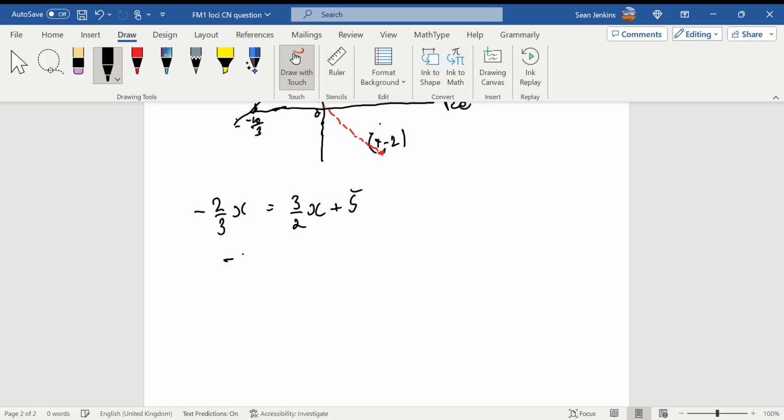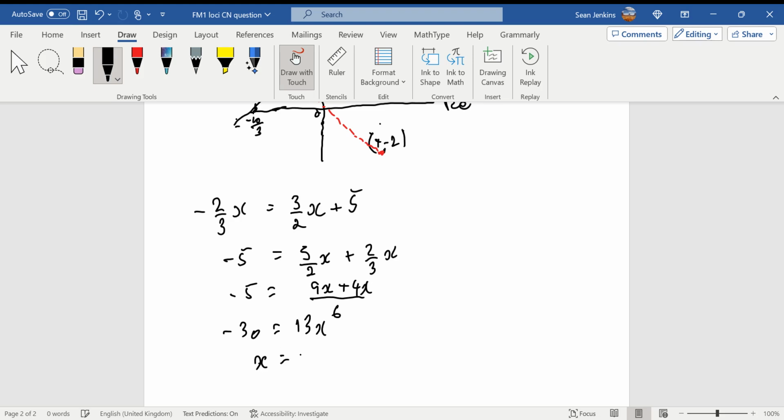The best way, I would say, is to rearrange it. I mean, this is just basic algebra; there are many ways to do this. Taking 3 over 2x and plus 2/3 x, I've got minus 5 is equal to, with an LCM of 6, 9x plus 4x, and that will give me minus 30 is equal to 13x, and x will give us minus 30 over 13.